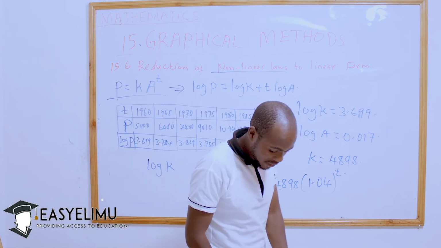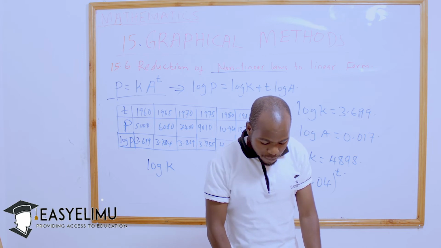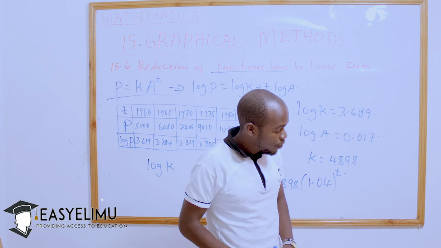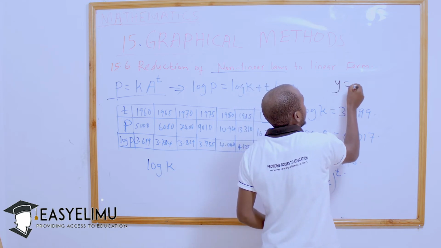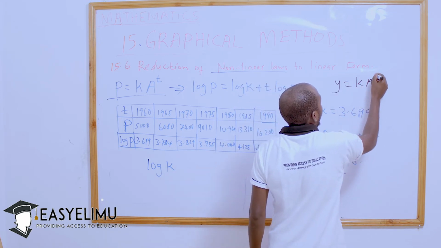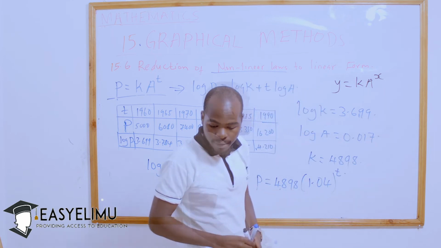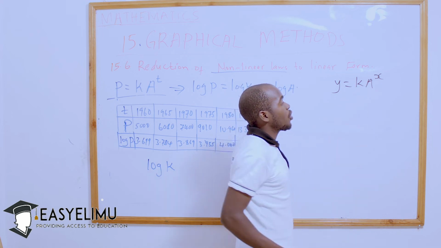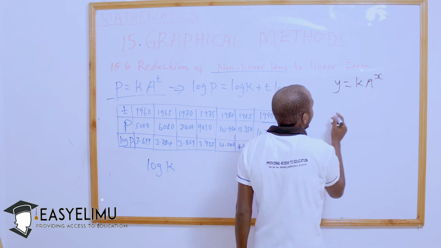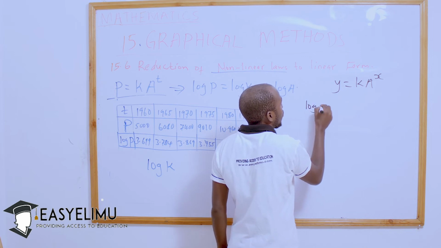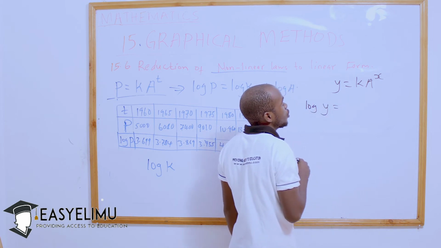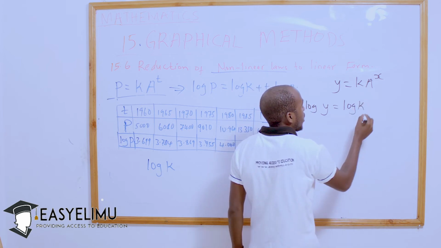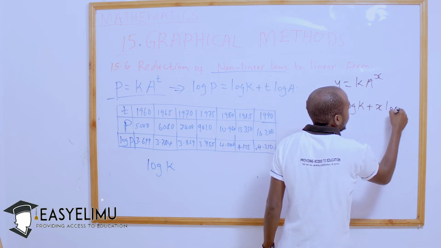And in general, we can say that if you have been given a law which is in the form of, actually we have seen it, y equals k a to the power x, where k and a are constants, then we can write this by introducing logarithm to both sides, and you will find log of y is equal to log of k plus x log of a.